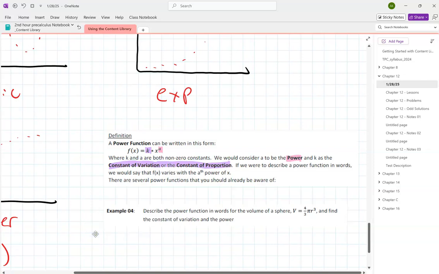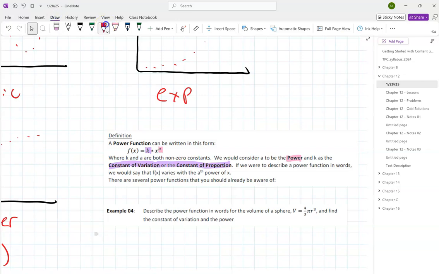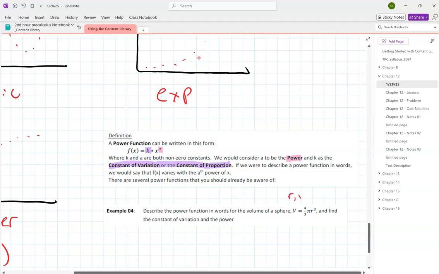So if we take this and apply it to another situation, here my variables are talking about the volume of a sphere. They are r and v, where r is my independent variable and v is my dependent variable.